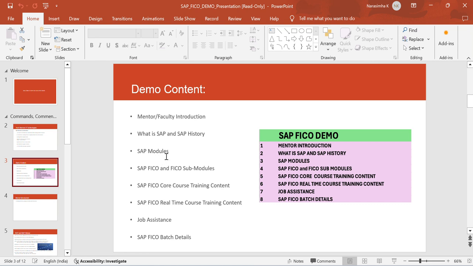Coming to the topic, as I said, our course is FICO. So what is FICO, what are the submodules, each one we will discuss clearly in depth. In this batch we are going to teach three things.